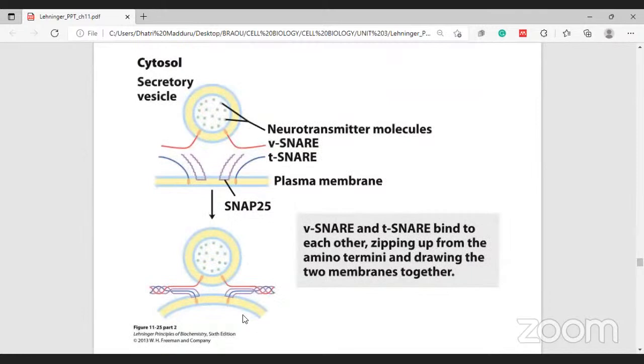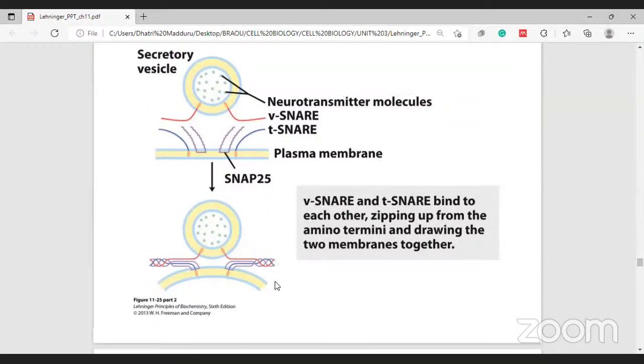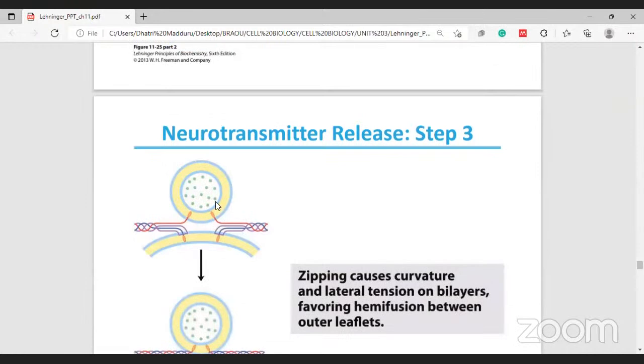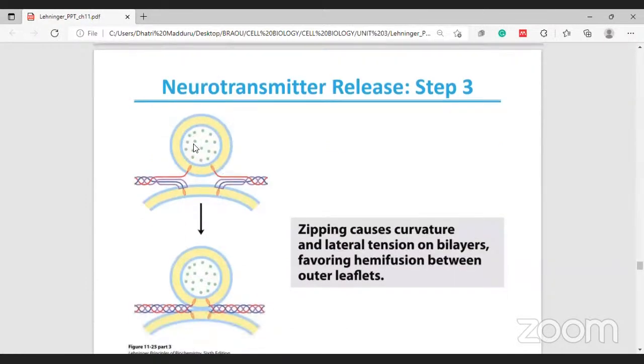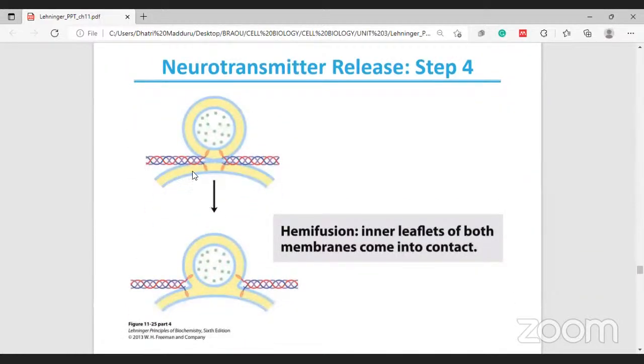Now these two will form a zip-like structure with the SNAP 25, and they will try to get this new secretory vesicle nearer to the plasma membrane. Now these two will fuse.